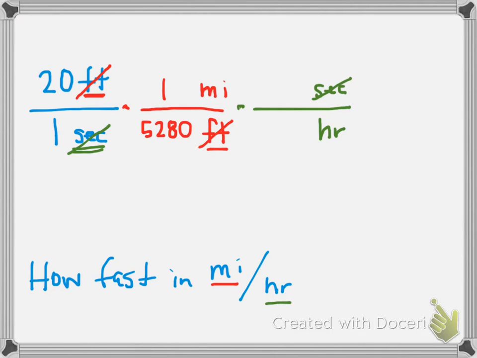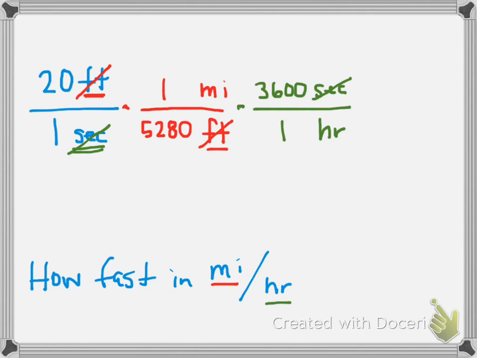Now, what I've added here is another conversion rate. I need to know how many seconds are in an hour. I know there's 60 seconds in a minute, and there's 60 minutes in an hour. So 60 times 60 is 3,600 seconds in 1 hour.